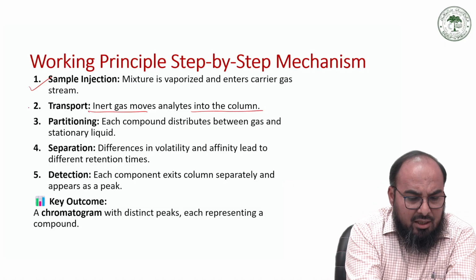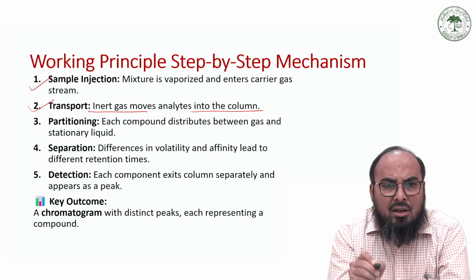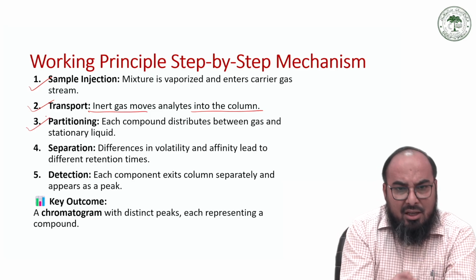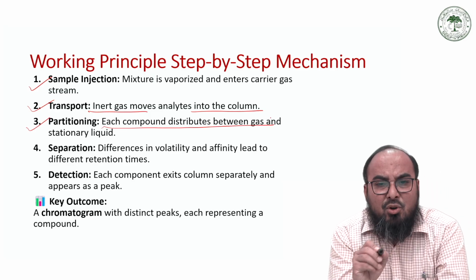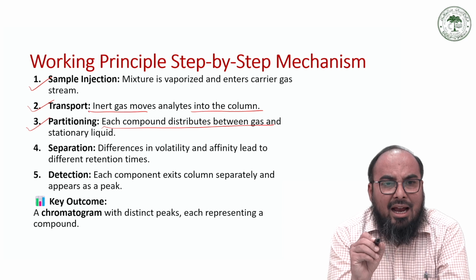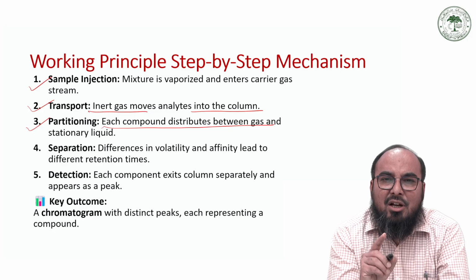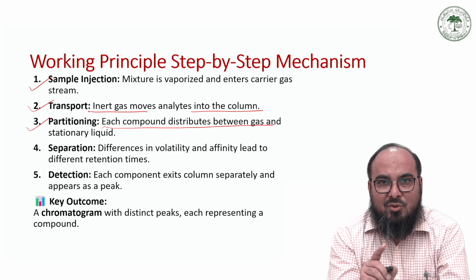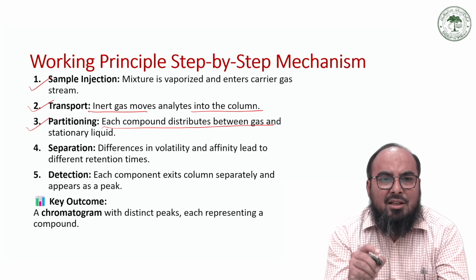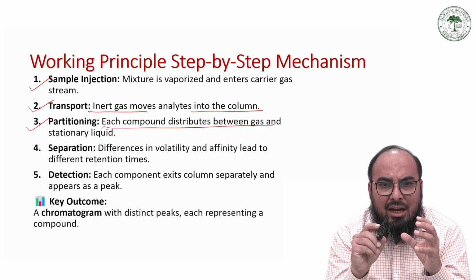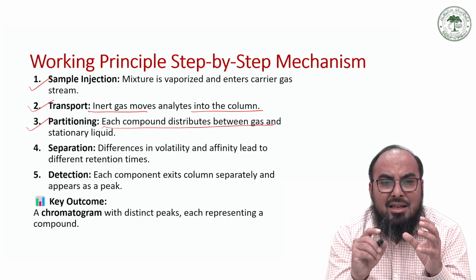Okay. Then when your sample enters the column, the partitioning occurs. Each compound gets distributed between the gas and the stationary liquid. Mind that the stationary liquid is actually immobilized on some inert solid. So here the main work starts, that is, the distribution, or you can say equilibration, of your components occurs between the carrier gas and the stationary liquid.